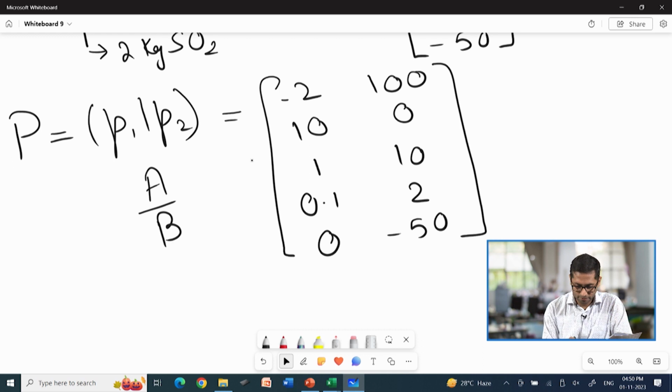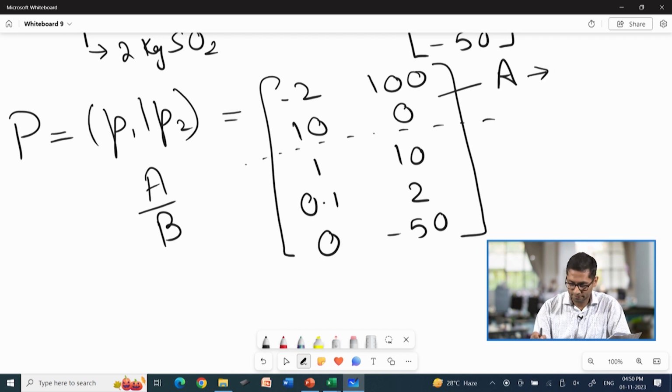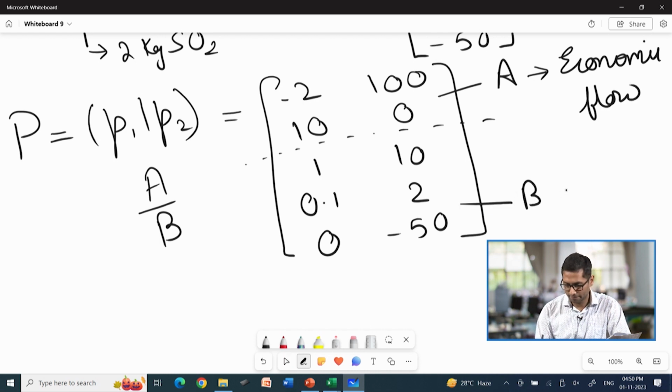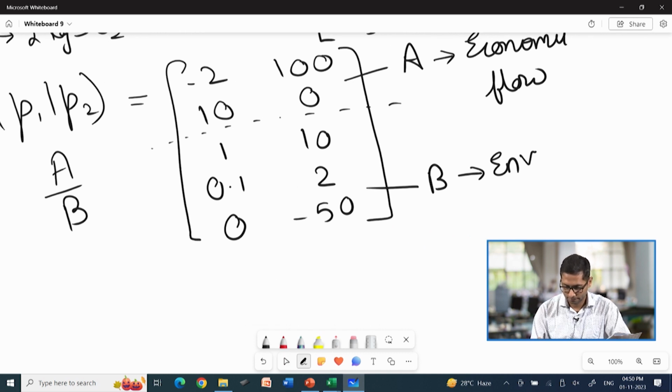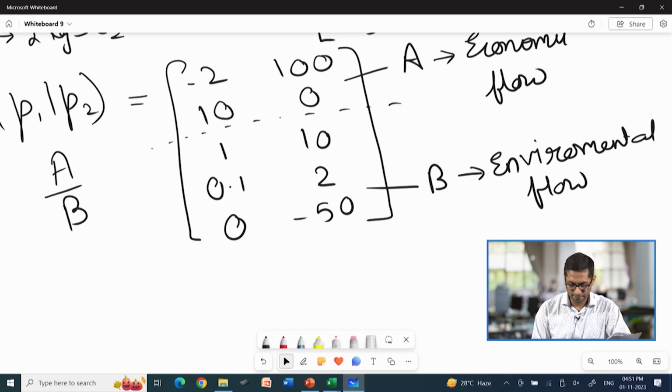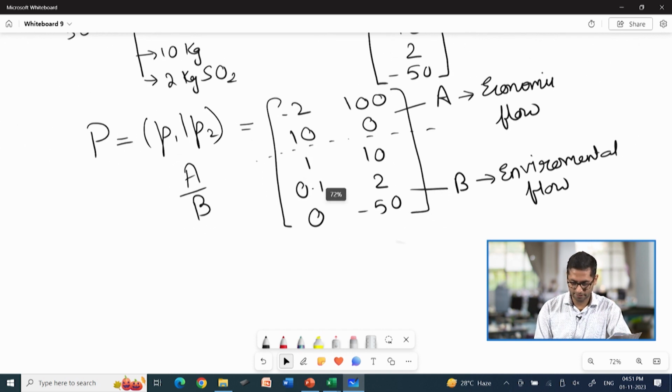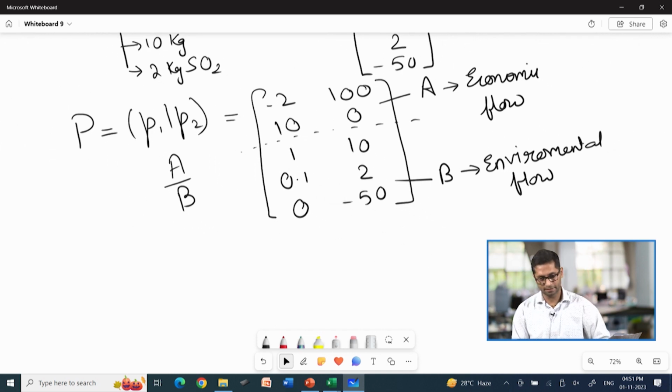So if I talk about this matrix, the above one is the A matrix, which is also called the economic matrix or the economic flows, and the below matrix would be called the B matrix, and this is what is called the environmental flows or the environmental matrix. So basically the combined matrix of the two processes could be given in this form.